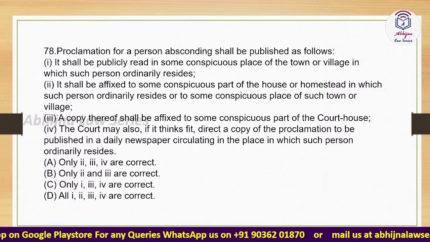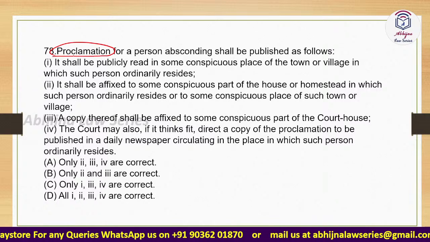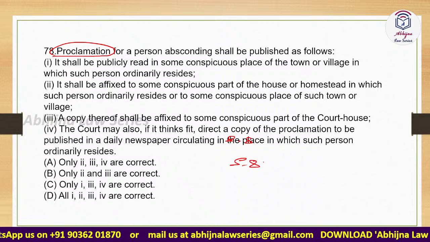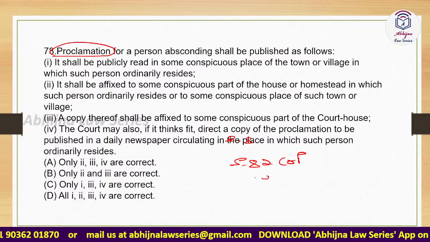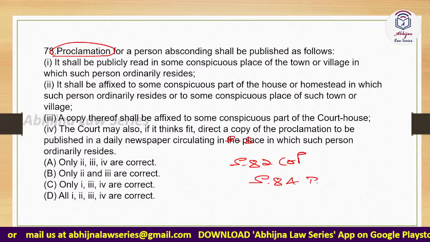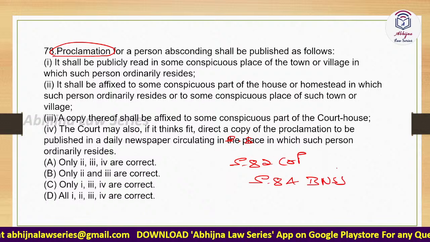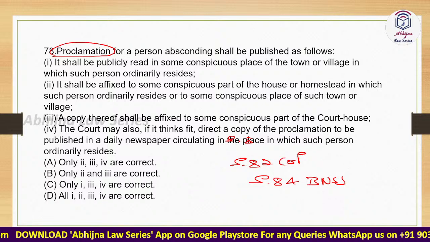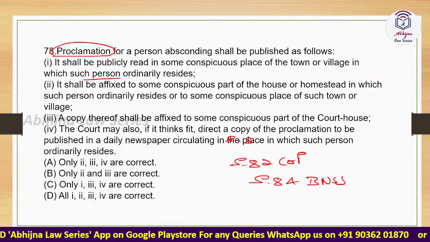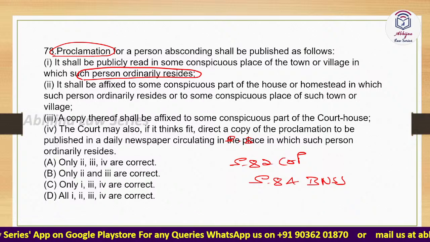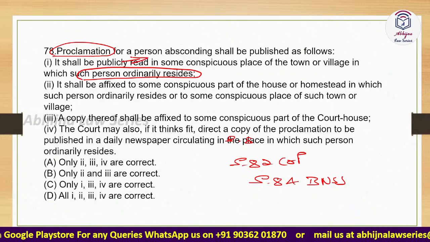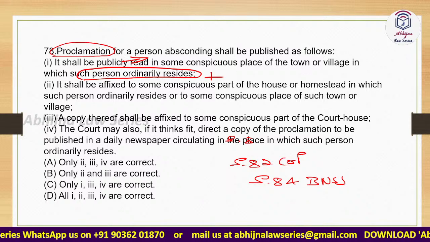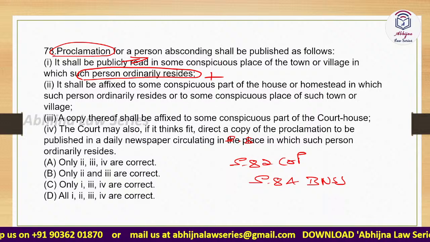This is a question regarding proclamation. It comes under section 82 of CRPC or section 84 of BNSS. So it says that whenever a proclamation is published, in what manner it is published. Here they say where the person had lastly resided, it has to be publicly read in that town, and it's not or, it's and, all these things have to be complied with.